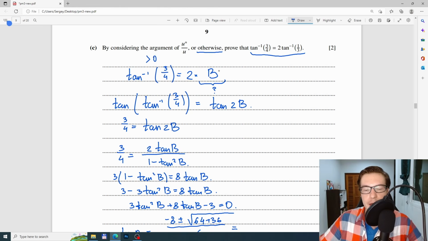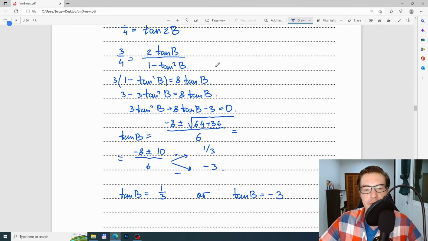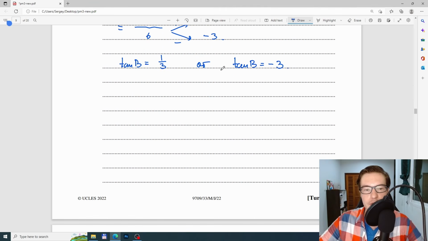So that means b must be positive. Now let's have a look at my options. So the first one is tangent b equals 1 over 3, so that means b equals the inverse tangent of a third, which is actually positive, or the second option is b equals the inverse tangent of negative 3, which is negative.